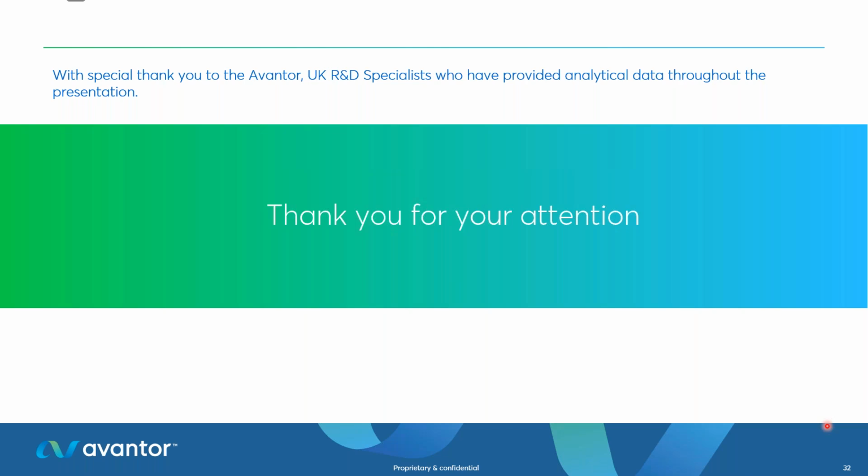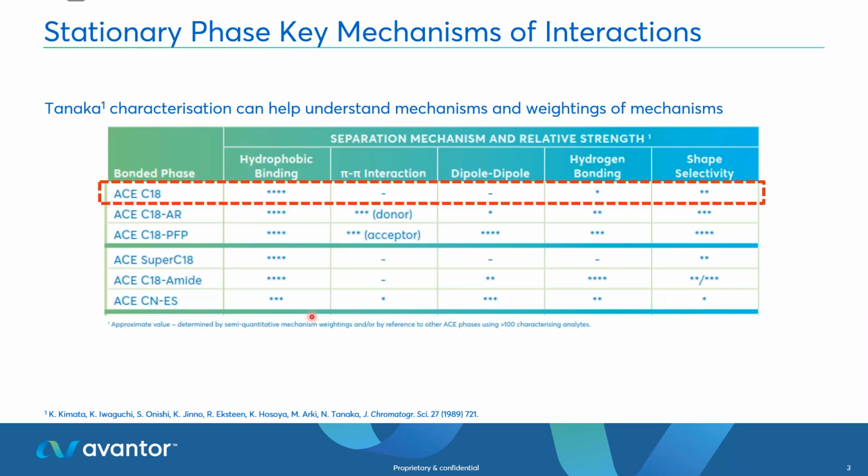These are our 6 columns, making sure that they are different and choosing columns that definitely have different mechanisms of retention. So aromatic groups, polar embedded groups, the dipole groups, those are really important, making sure your columns are different from one another. And there's different ways you can assess that.